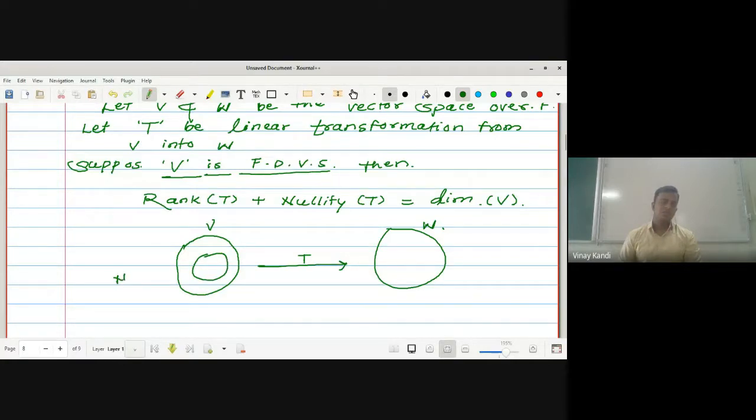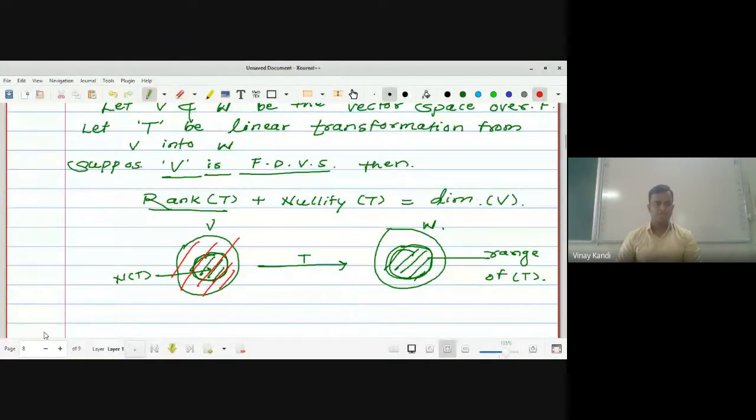This is N of T. This one is range of T. Nullity of T plus range of T, that means rank of T: the dimension of this space plus dimension of this space is nothing but the dimension of our domain. Okay, this is the rank nullity theorem. Any doubt up to here?